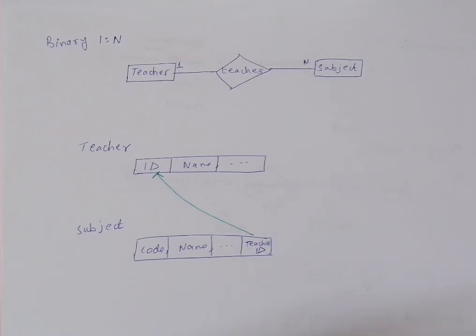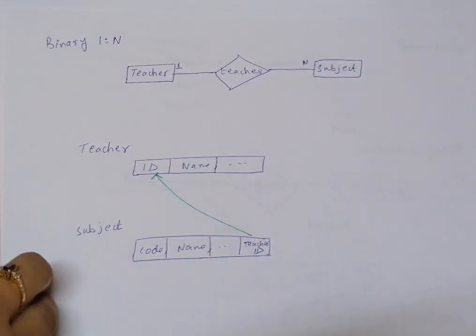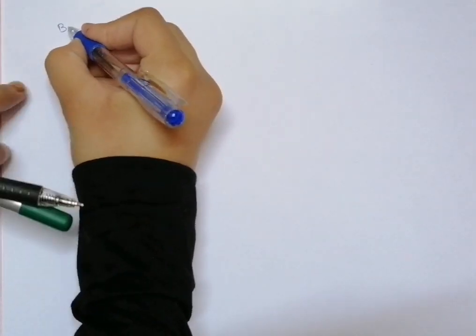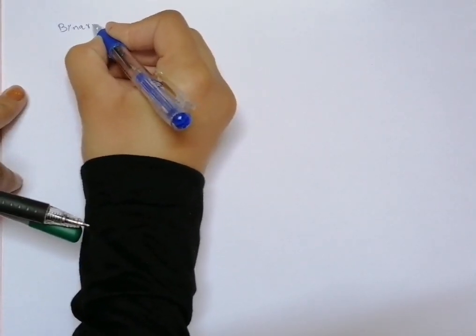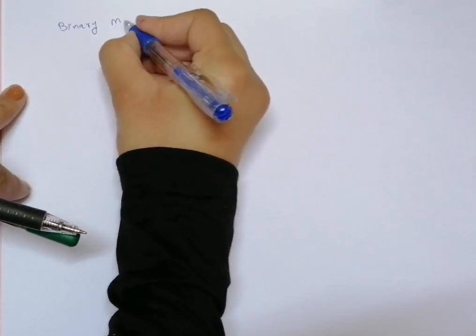Whenever we encounter this type of situation, we basically bring the key of the one side as a foreign key into the many side of the relationship. Okay. Now the third type: if I take the same degree, binary, the third cardinality constraint is many-to-many.